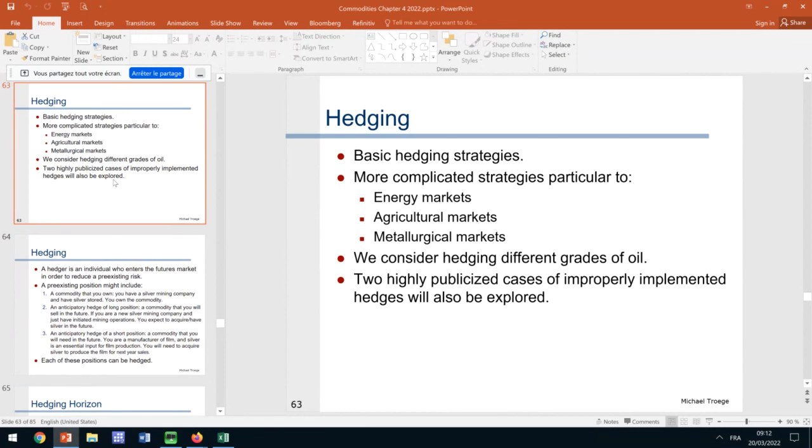Okay, good. Then, of course, we should also talk a little bit about how the hedgers should use these commodity futures, because remember, they are an important part of the market, and they are the ones that should look at the price signal and then react in terms of production or consumption.